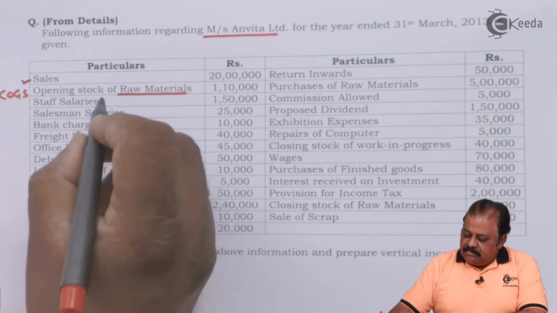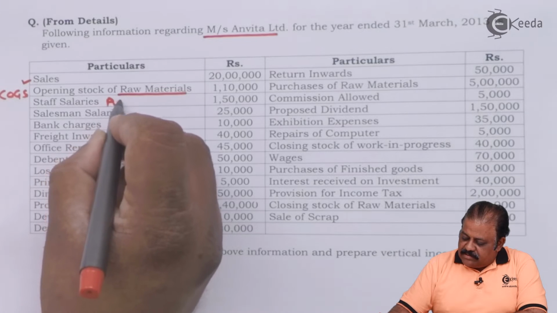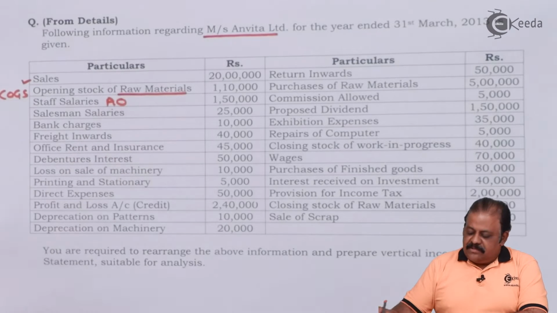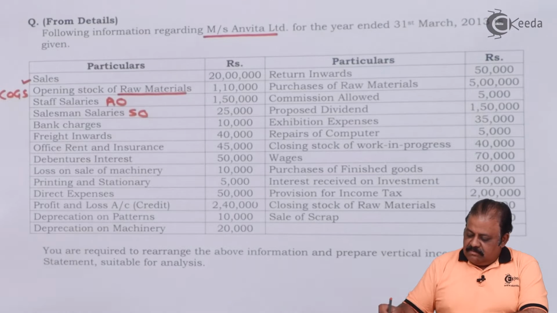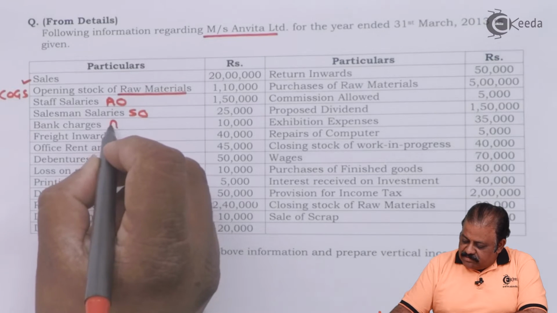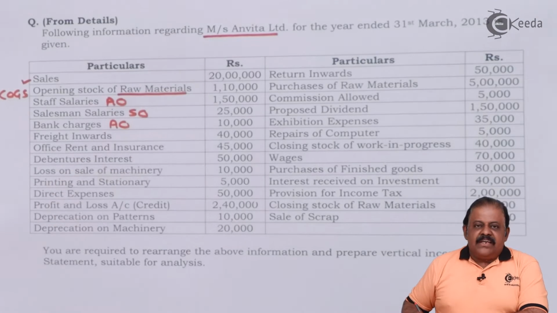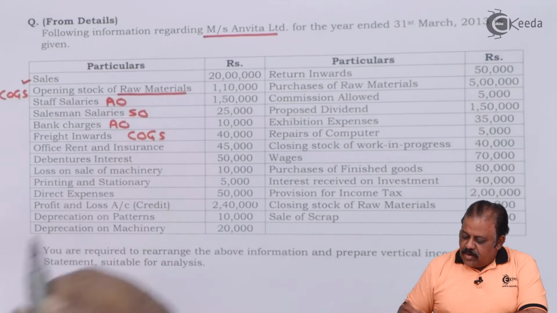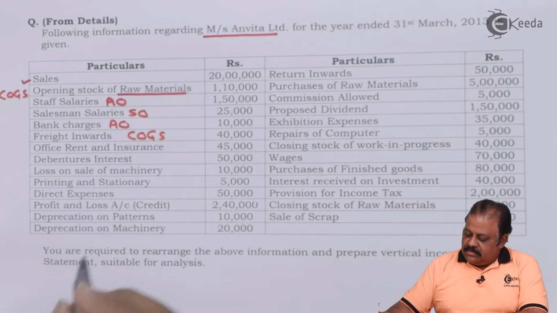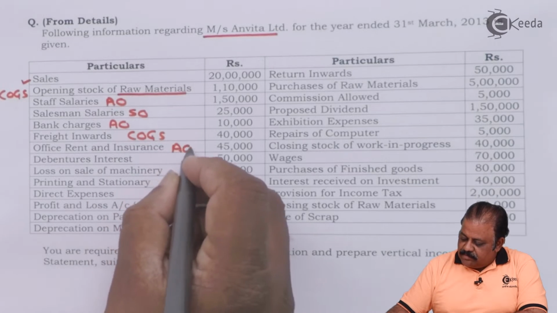Staff salaries, administration overheads. Salesman salaries, selling overheads. Bank charges, administration overheads. Freight inwards, that is carriage inwards, cost of goods sold. Office rent and insurance, administration overheads.